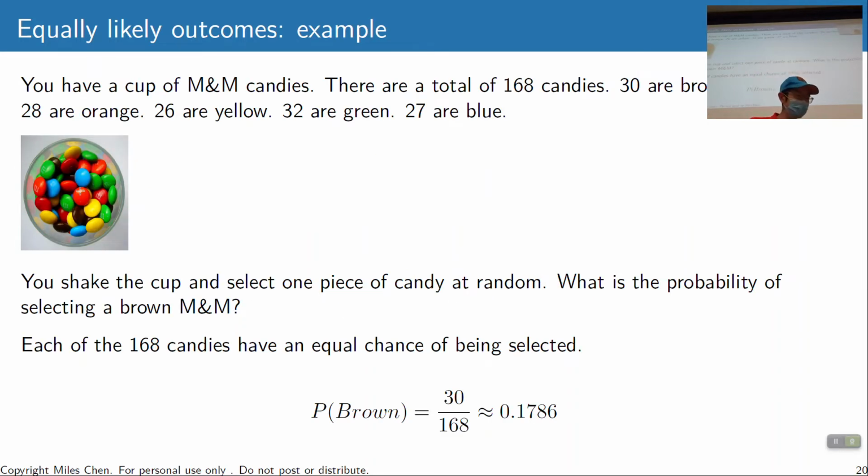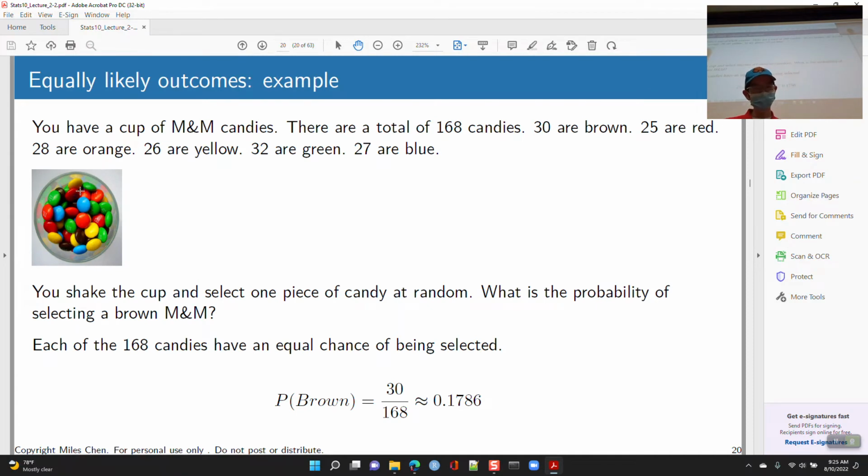So here, let's try an example. Let's imagine you've got this cup of M&M candies, and you counted up all of the candies. You got 168 pieces of candy total. 30 of them are brown, 25 are red, etc. And what you do is you shake up the cup, you randomly select one piece of this candy. And we ask, what's the probability that this piece of candy you selected is brown?